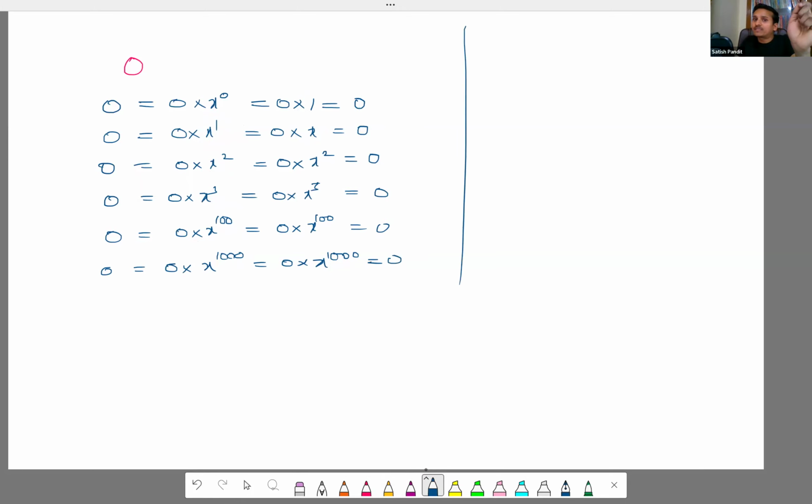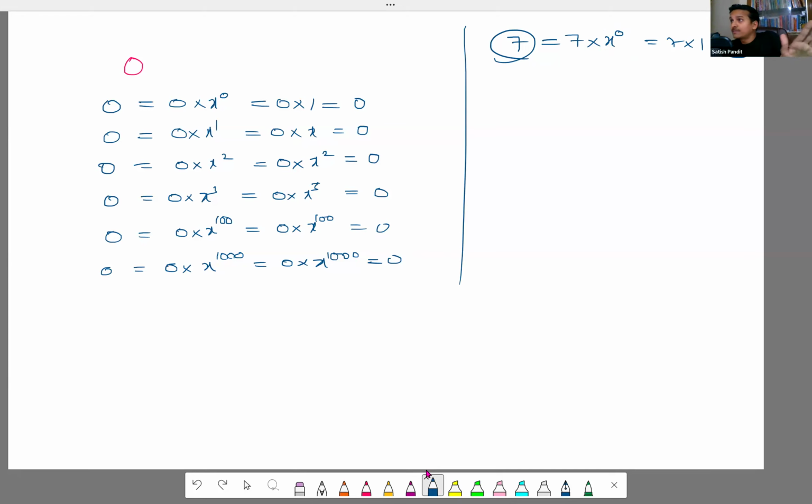But suppose I have a fixed number 7. It has to have x to the power 0 only. Then only it will become 7. For 7 to remain 7, x power has to be 0 for sure. But for 0 to remain 0, x power can be anything.